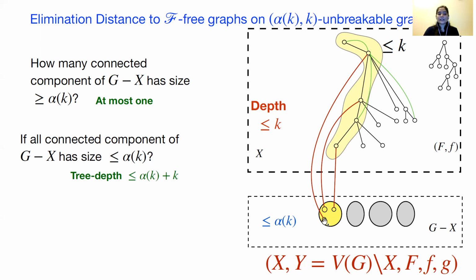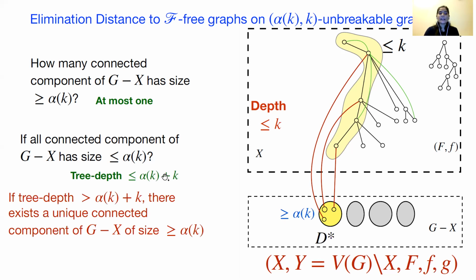From here it is easy to observe that the tree depth of the whole graph is bounded by alpha k plus k. By using these two, we can say that when the tree width is large, there exists a unique large connected component in G minus X.